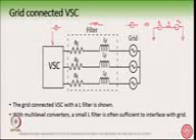Now V2 is the grid and it is a sine wave. V1 is not a sine wave; it is a pulsating PWM waveform. But with multi-level converters, this waveform becomes almost a sine wave.